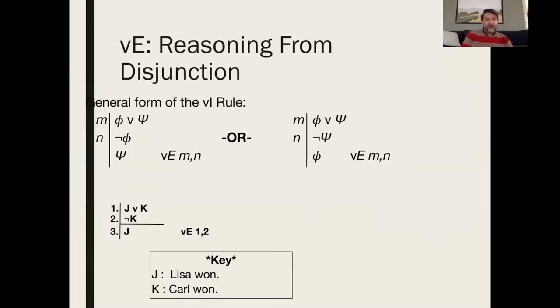Okay, so here's the general form of this rule. If we are presented with a disjunction at line M, phi or psi, and we are given at line N a negated statement, it's not the case that phi, then we are in a position to derive psi via disjunction elimination from M and N. And conversely, if we had been given phi or psi, and we had been presented with not psi, then we would be justified in deriving phi via disjunction elimination from M and N. So it can go either way.